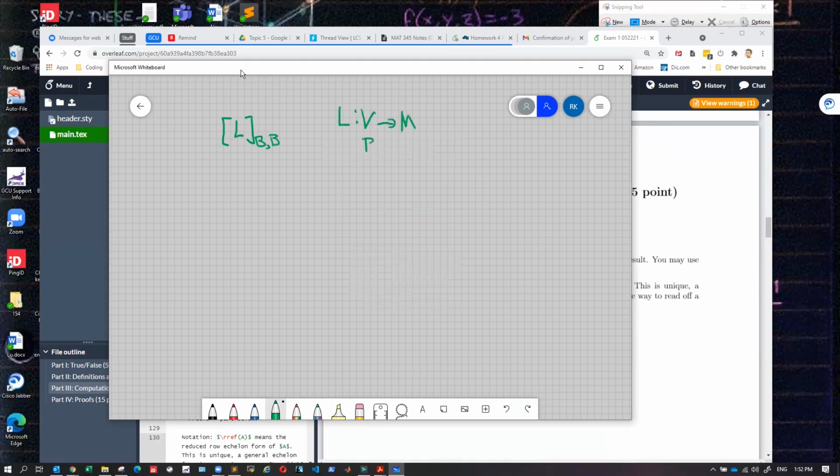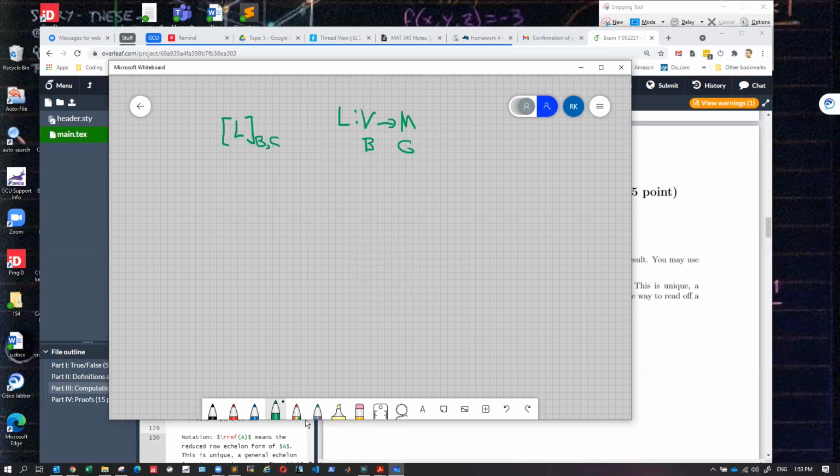I could have a basis B for one and a basis C for the other, and this would be the representation with respect to those two bases. One for the domain, where stuff is originating from, and then one for the codomain, where it's going to.